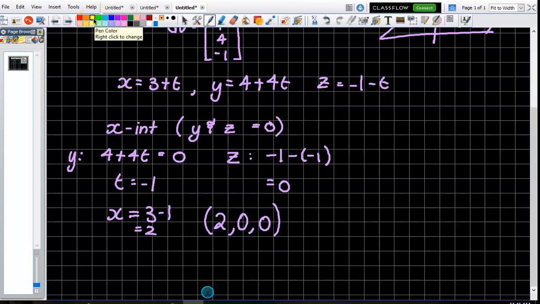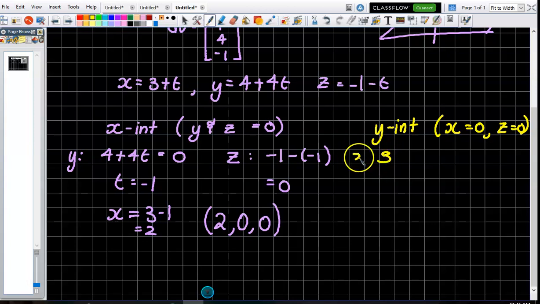So what do we expect when we then go to solve for our y-intercept? x has to equal 0, z has to equal 0. So we take our x value: 3 plus t equals 0, therefore t equals -3.